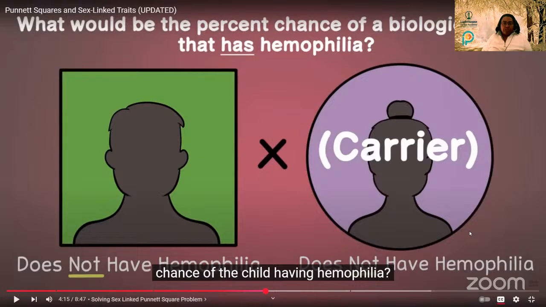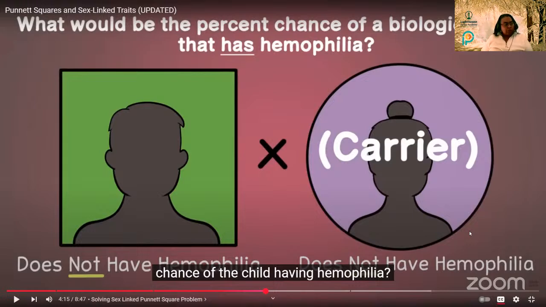What would be the percent chance? And remember, all of this is possibilities. When we do a Punnett square, it's about probabilities, or how much out of 100%, what percentage of the children could possibly have that trait? Because offspring are random when they're actually born, not on paper, but in actuality.